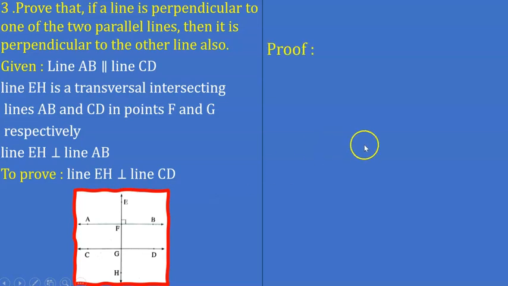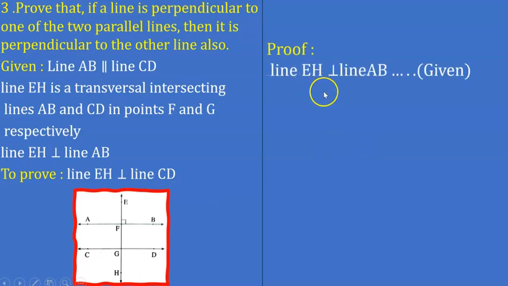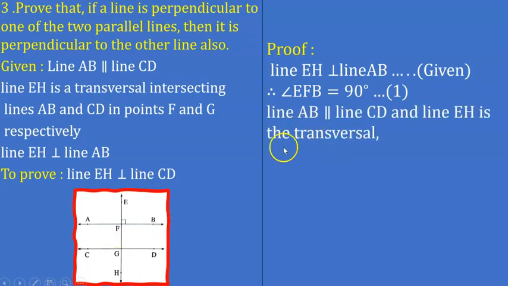Okay. Now the proof. Line EH is perpendicular to line AB. Therefore, the measure of angle EFB is equal to 90 degrees. Line AB is parallel to line CD and EH is their transversal. And therefore, angle EFB is congruent to angle FGD, as these two lines are parallel and these are their corresponding angles.